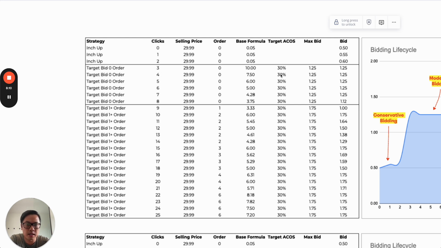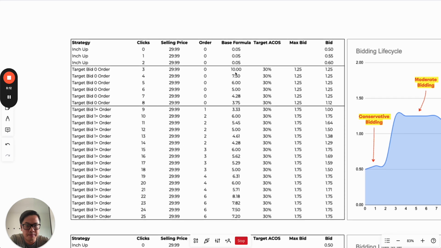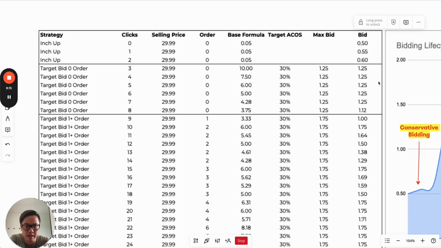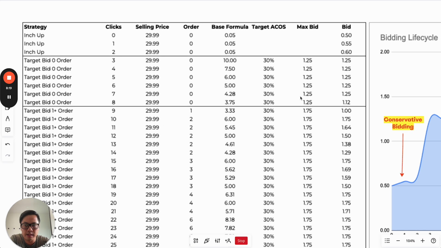Okay, so all the math is there. The only thing that we kind of added is a max bid, and I'll explain that as I go through this.